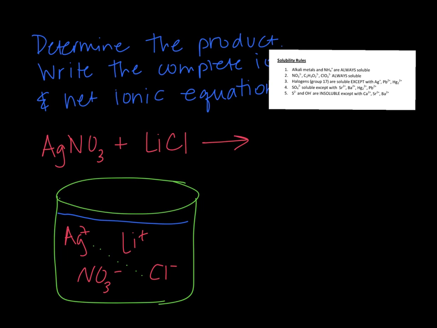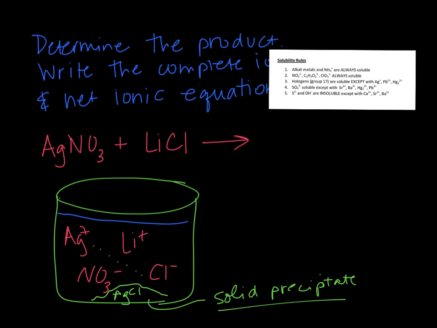They form an insoluble substance. And so they're instantly stuck together, and they form a precipitate that precipitates out of solution as a solid. All right? And so that's how these reactions happen.